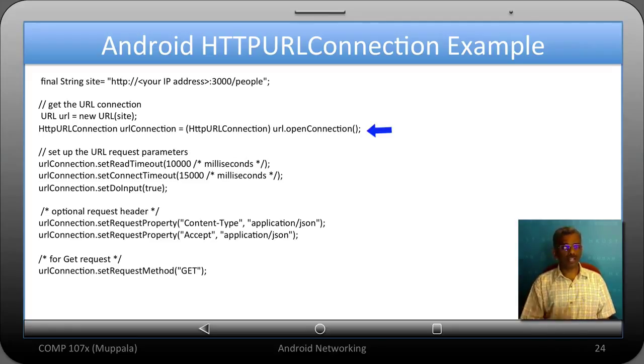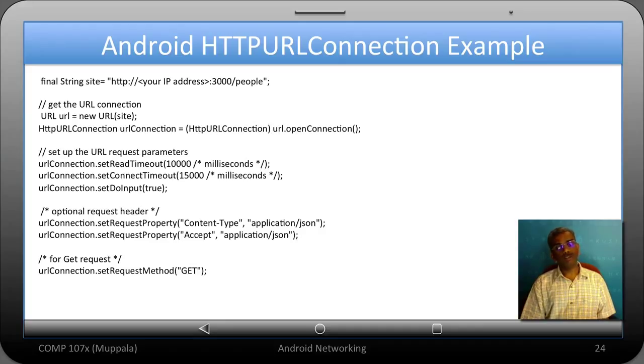Then you set certain parameters and the request property. We are asking for the return value to be of the JSON type, and you declare to the server that you will accept any incoming reply that is in JSON format. These are specified by the request headers that you see there.